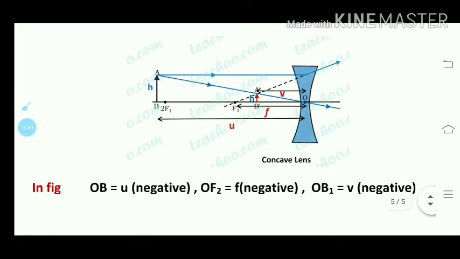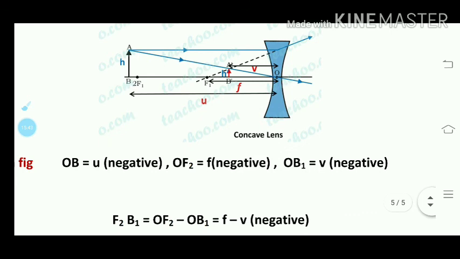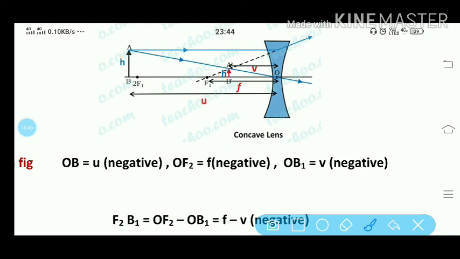For concave lens, in the same third equation, we'll put the values for concave lens. Here, OB will be negative because we start our measurement from O and we are going in the opposite direction of the incident rays to measure OB, so U will be negative. F2, focal length, again negative, opposite to the direction of the incident rays. And OB1, this is our O, this is our B1.